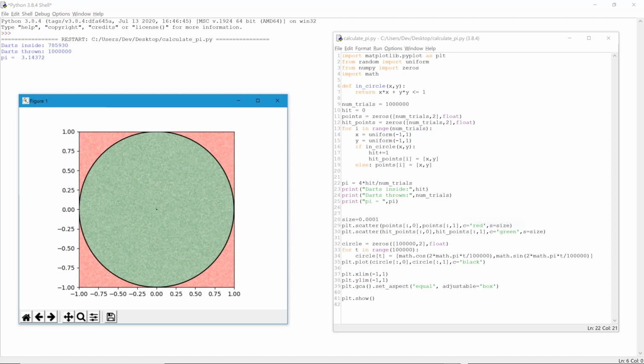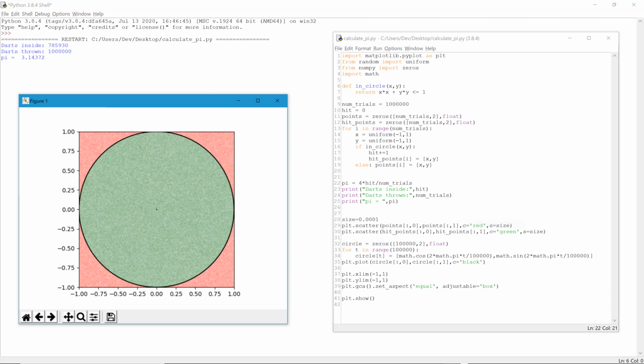So like I said, the total number of darts thrown is 1 million. The number of darts that landed inside of the circular target is 785,930. And when we divide those numbers, we get the ratio of the area of the circle to the area of the square.